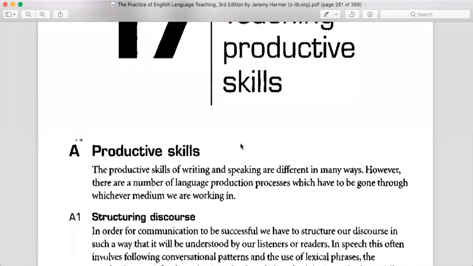So the goal of teaching these productive skills should be communication. That is why you would not be teaching them structures or focusing on grammar, despite the fact that grammar is an integral part of language.